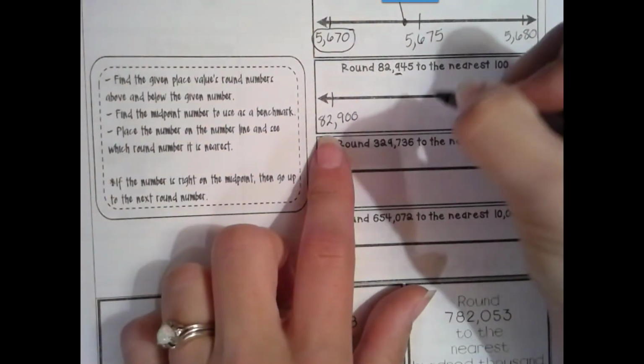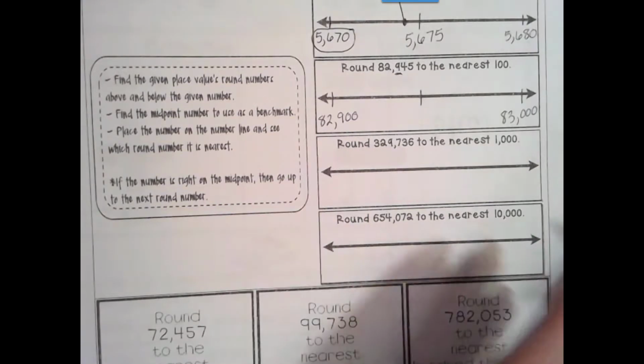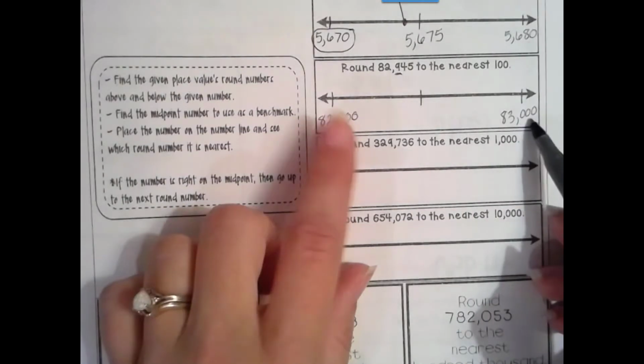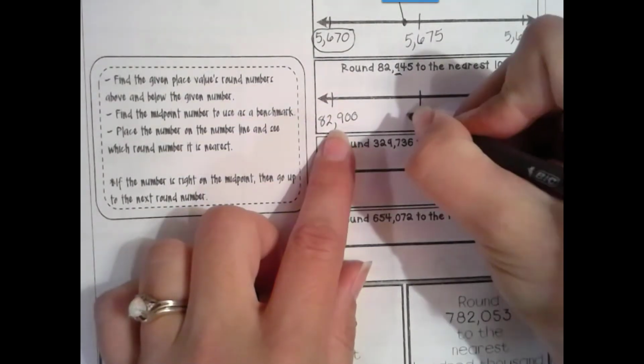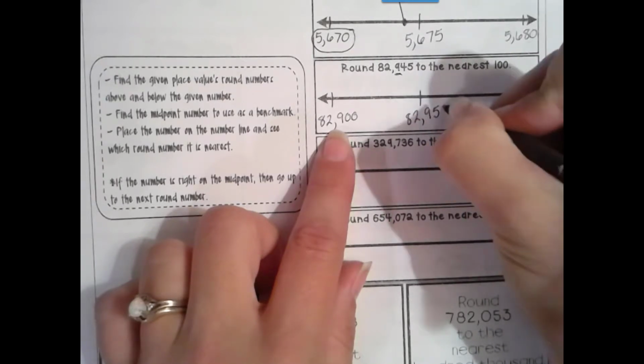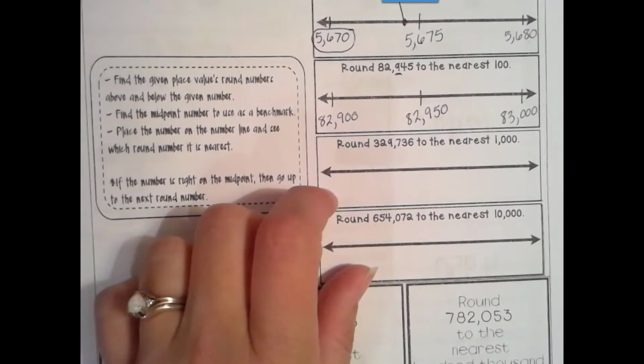Now we need to find our midpoint for our benchmark. And we think, what is half of 100? Half of 100 is 50. So halfway between these two would be 82,950. Now we have to figure out where this number would go.